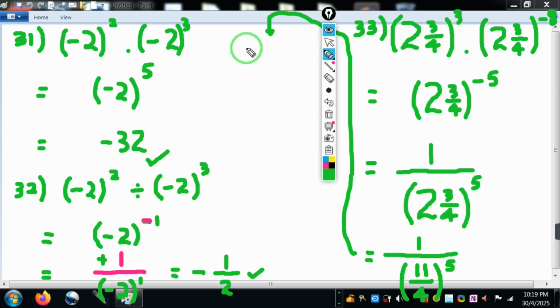Now, this one will be 1. This division, I will put as division. And then this one, 11 over 4 to the power of 5. This is 11 over 4 to the power of 5.